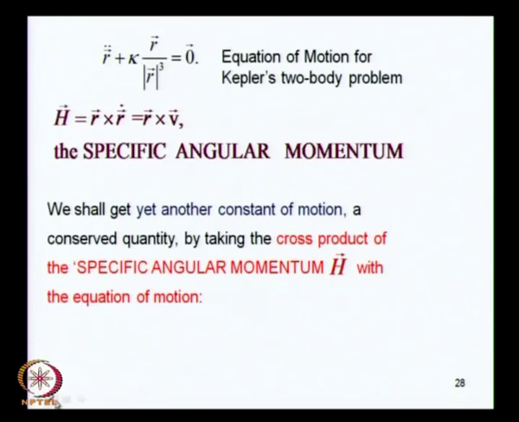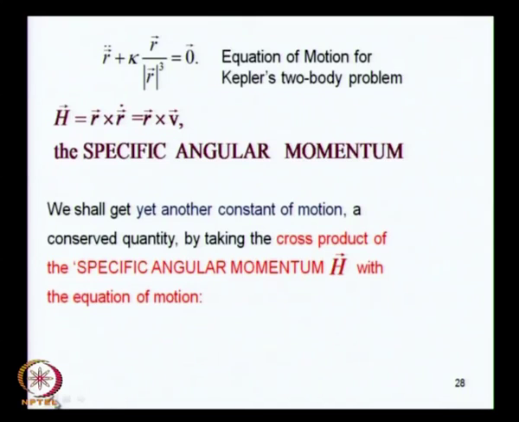Now, we begin once again with the equation of motion, and we construct the cross product of the equation of motion with the specific angular momentum and ask ourselves, is this going to lead to any new conserved quantity, and if it does, what is the associated symmetry? That is the question that we will now address, because we have become used to the fact that if there is a conserved quantity, there will be an associated symmetry and vice versa.